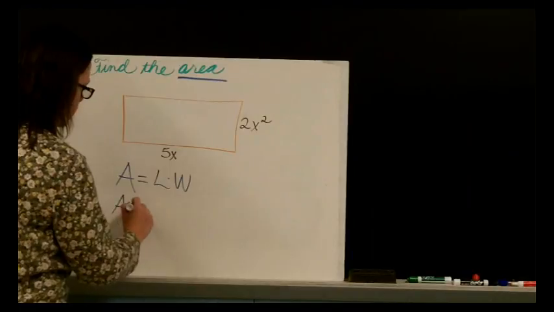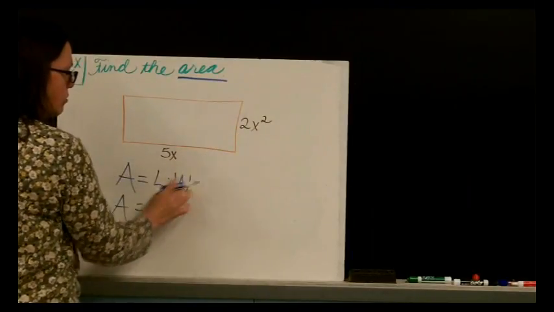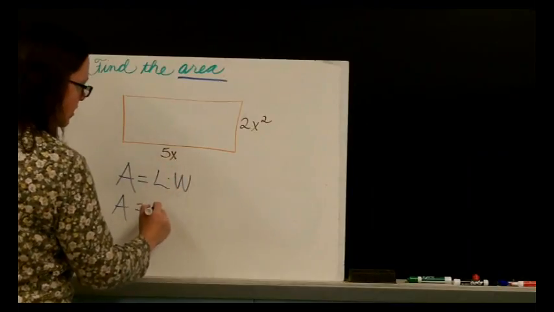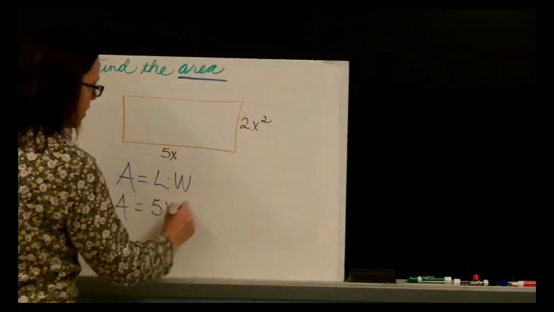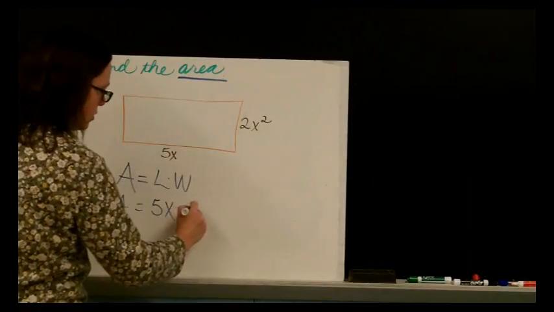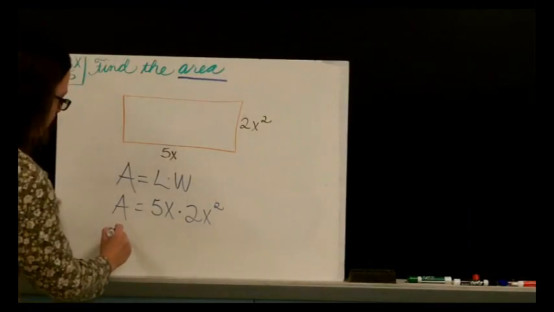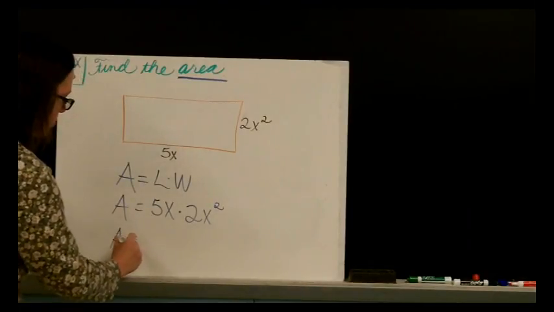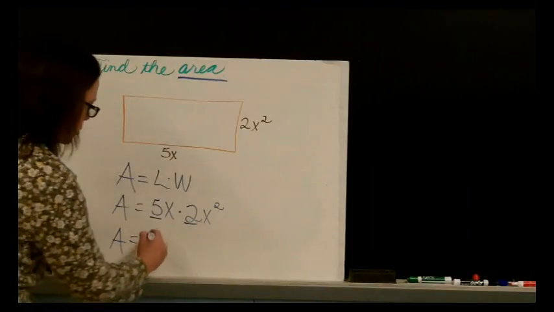Now what we do is we substitute what we're given, our values for the length and the width. Our length is 5x times 2x squared. And we simplify. Remember, we multiply our coefficients first. 5 times 2 is 10.